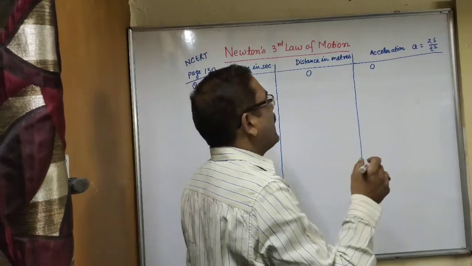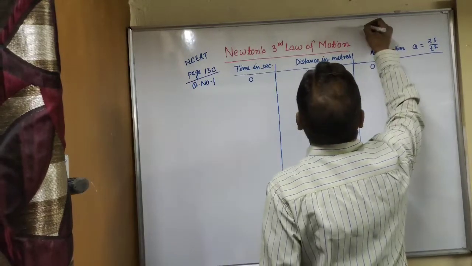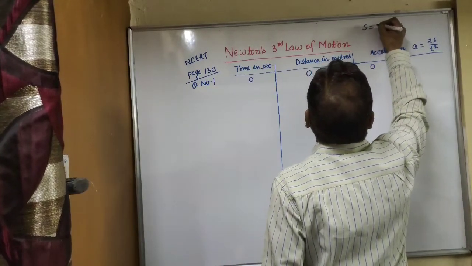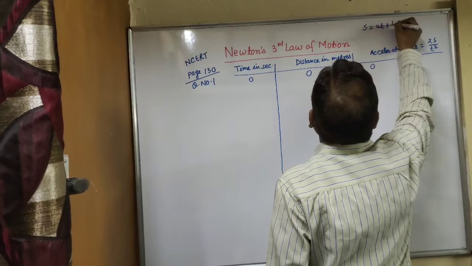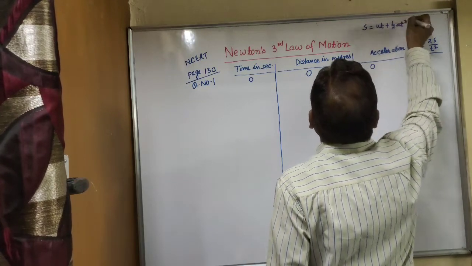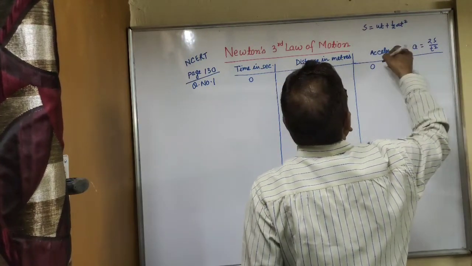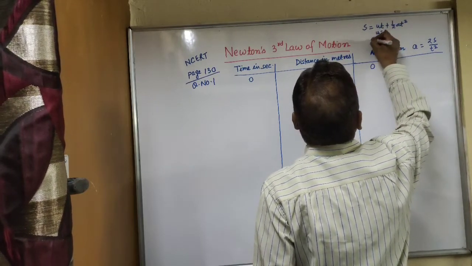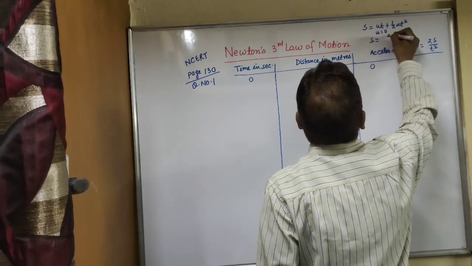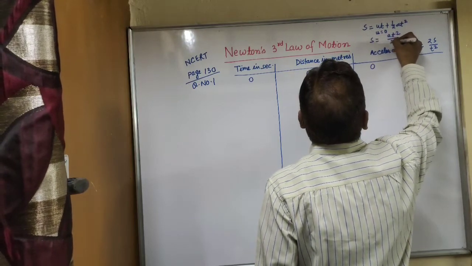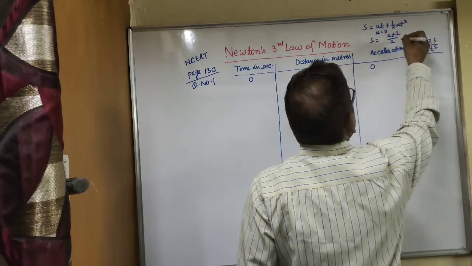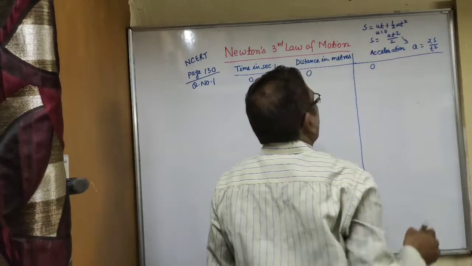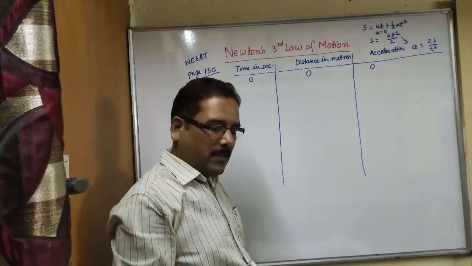After that, you can use this formula, the second equation of motion, s = ut + half at square. Since u is 0, we can write s is equal to at square by 2, and from this expression I have written a is equal to 2s by t square.